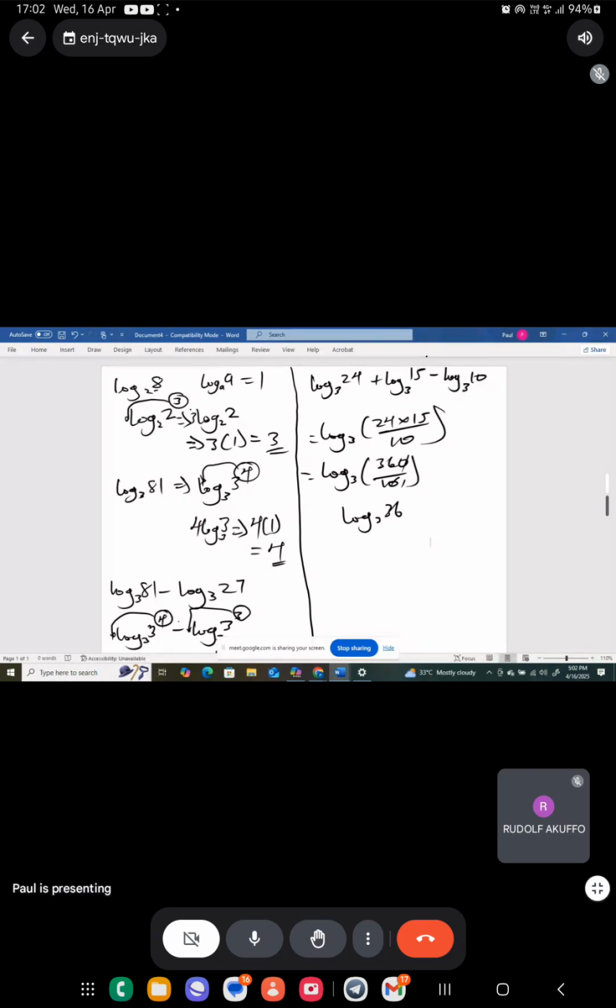So from here, we can say that this will give us 6 to the power 2. So this 2 comes here. We get 2 log 3 of 6. And that's the answer. You can find log to the base 3 of 6 on the calculator.